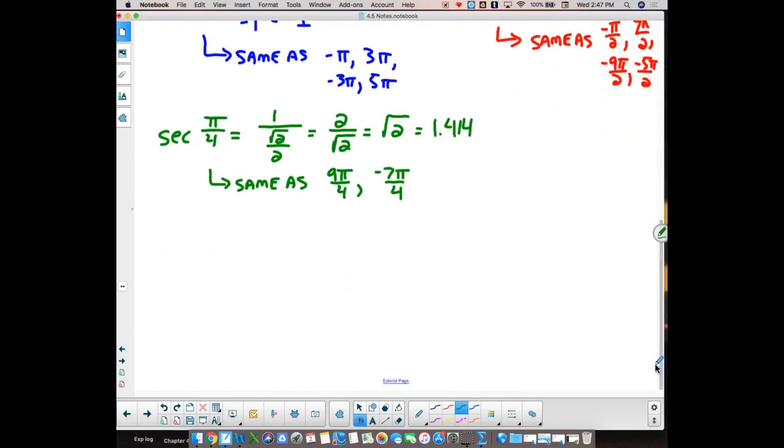What is the secant at negative pi over 4? Secant, negative pi over 4. Square root of 2 again, right? Because the cosine's the same.